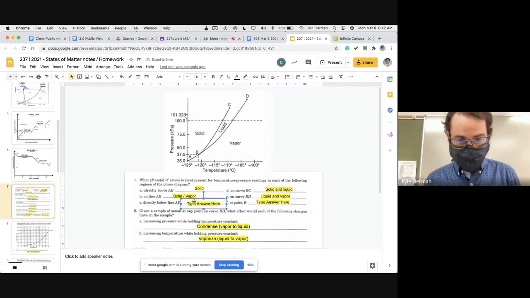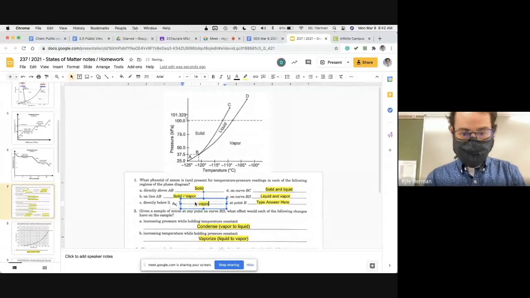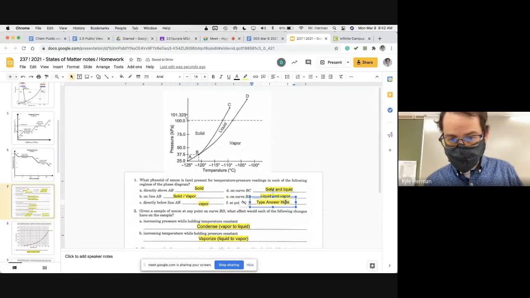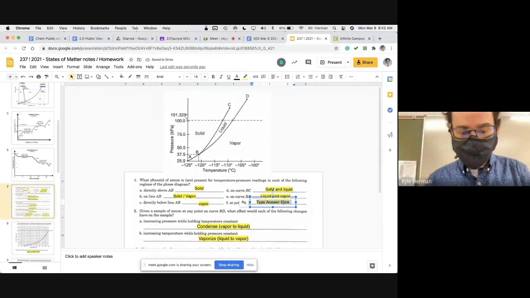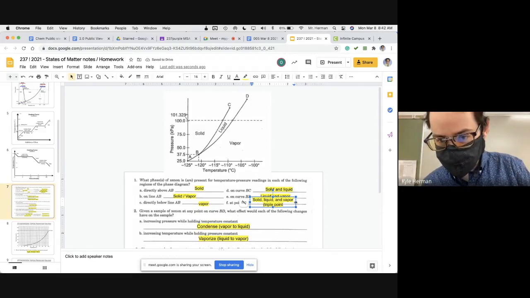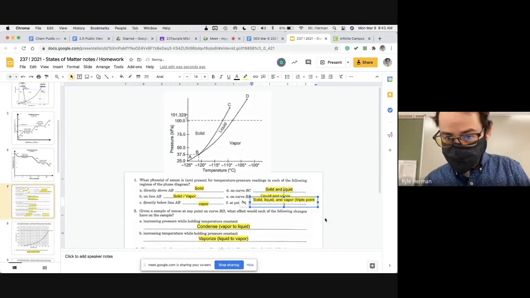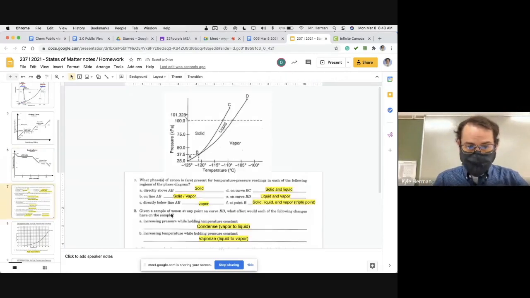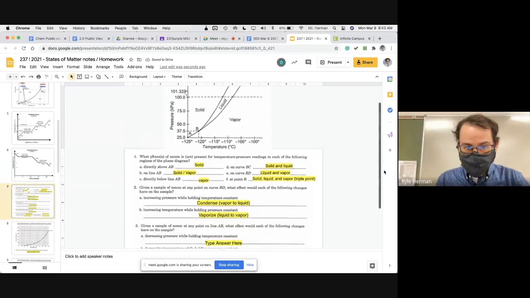And then directly below AB, it's going to be vapor. And then B is the triple point, so it's going to be all three: solid, liquid, and vapor. All right, and it's good to know the word triple point. Well, it doesn't specifically ask you for that, but it is good to know. All right, we did number 2. So let's jump to 3.